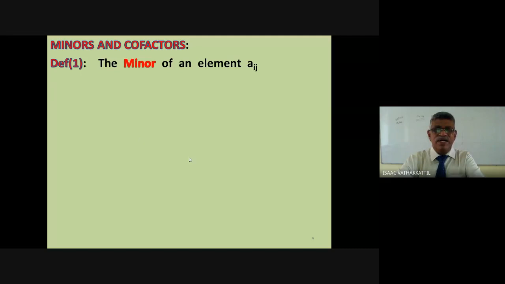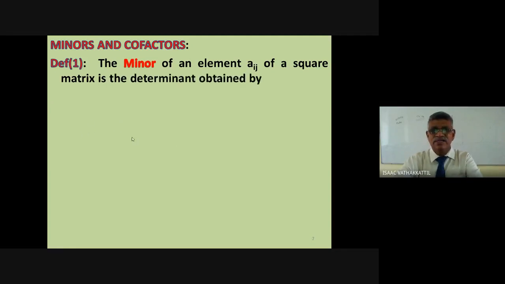The minor of an element Aij. When I say element Aij, it represents the position also: ith row, jth column. The minor of an element Aij of a square matrix is a determinant.